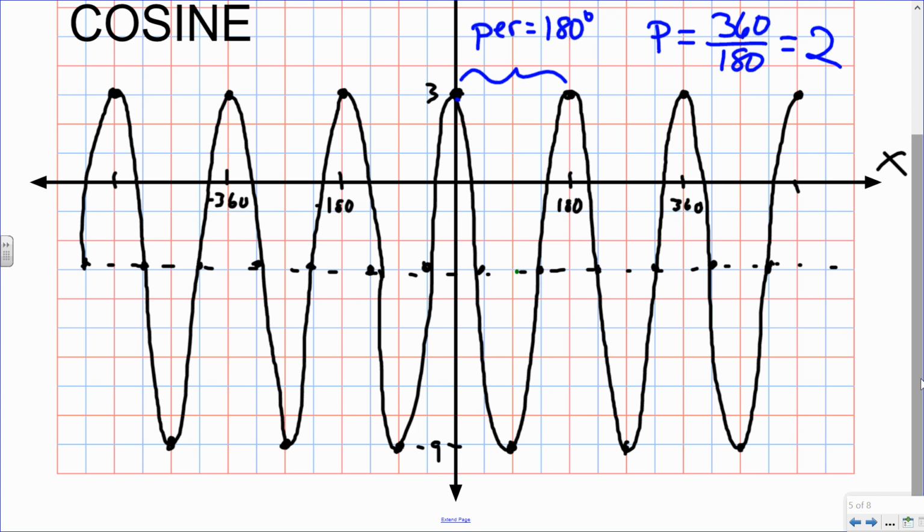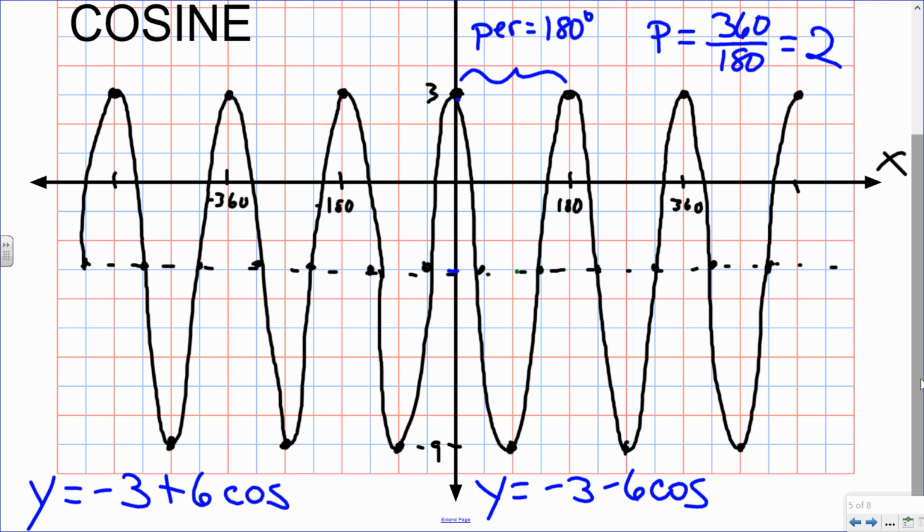So negative 9 up to 0 is 9. 3 more, total of 12 apart. So 6 is halfway for the amplitude. 6 below 3 is negative 3. 6 above negative 9 is negative 3. So both of these will be y equals negative 3. One will be plus 6 cosine, and the other one will be minus 6 cosine.